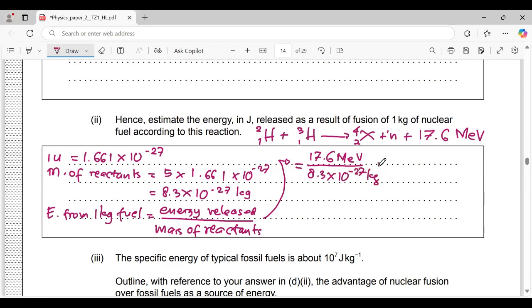We have to convert this into joule per kg because the unit is joule.